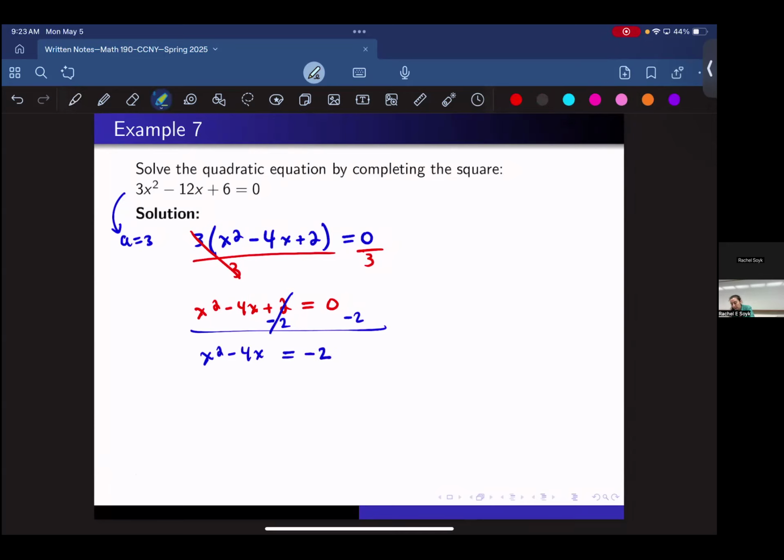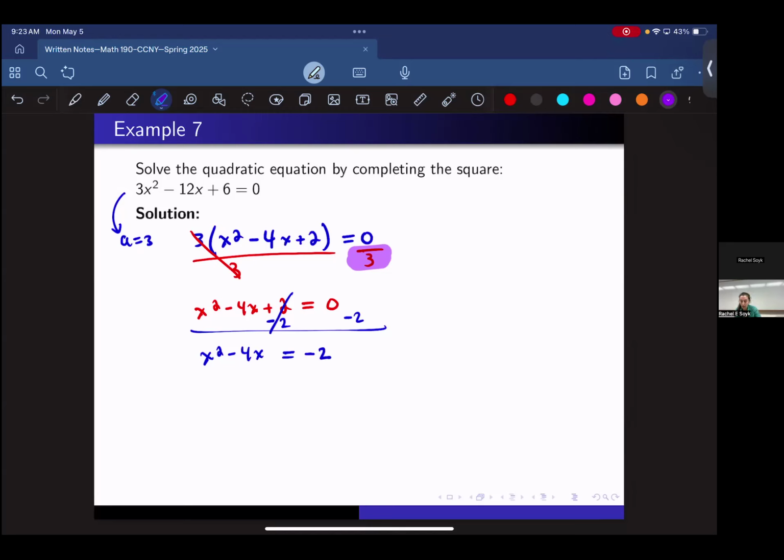I'm going to highlight this step here because it is important to know that we've divided by 3, especially when we're asked to deal with that same quadratic from the beginning. Because at the end, we'll have to end up multiplying both sides by 3 to stick that in there.